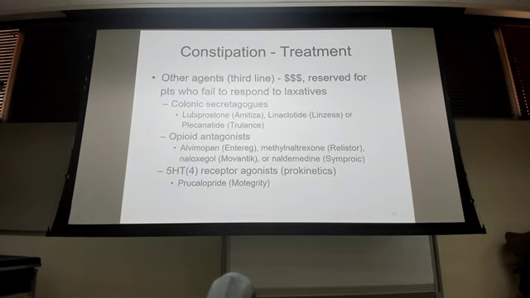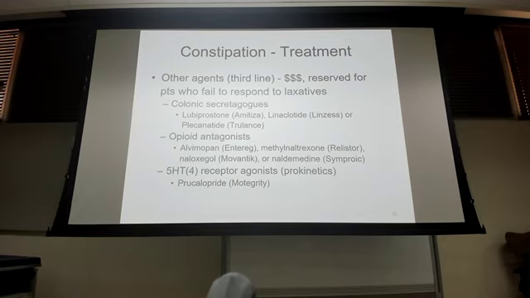Further down the line, last ditch would be the secretagogues to use for chronic constipation. They're very expensive, and make sure they fail everything else on the list so you can justify why you're putting them on these medications. Normally, when you get to this slide, you want to have a gastroenterologist involved. You're probably not managing this without a specialist if you're on this slide.